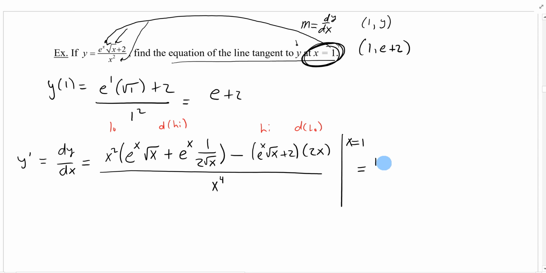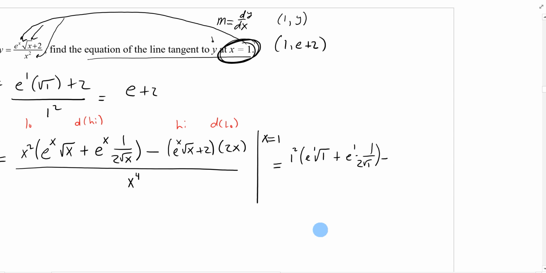So that's going to be 1 squared times e to the 1 times square root of 1 plus e to the 1 times 1 over 2 square root of 1 minus e to the 1 square root of 1 plus 2 times 2 times 1 all over 1 to the 4th. That 1 to the 4th is just going to be 1. So really, I'm just going to be dealing with the numerator.